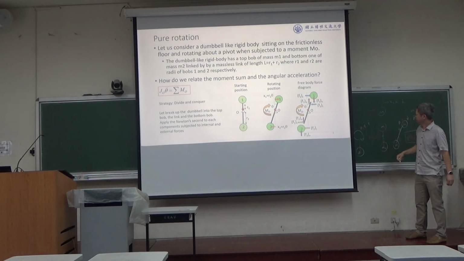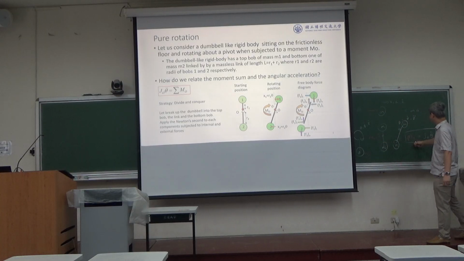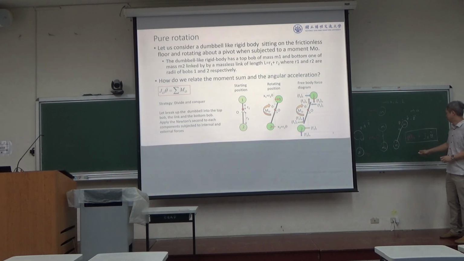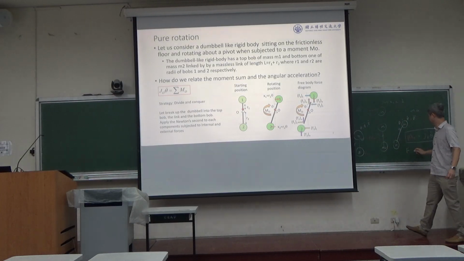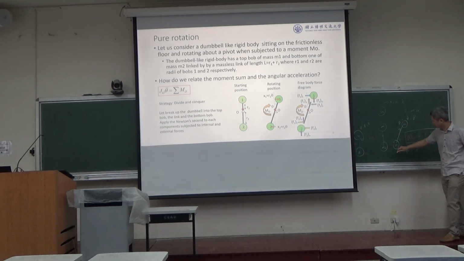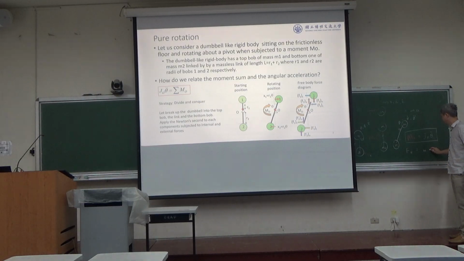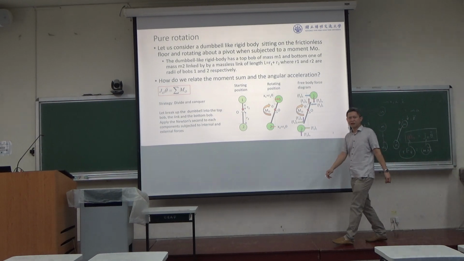If you are describing this, M naught could be F times the radius R, which is equal to, because you can write it in tangential form, m R theta double dot. If you now multiply R on both sides, you have this as the moment, and you have mR squared as the J naught.